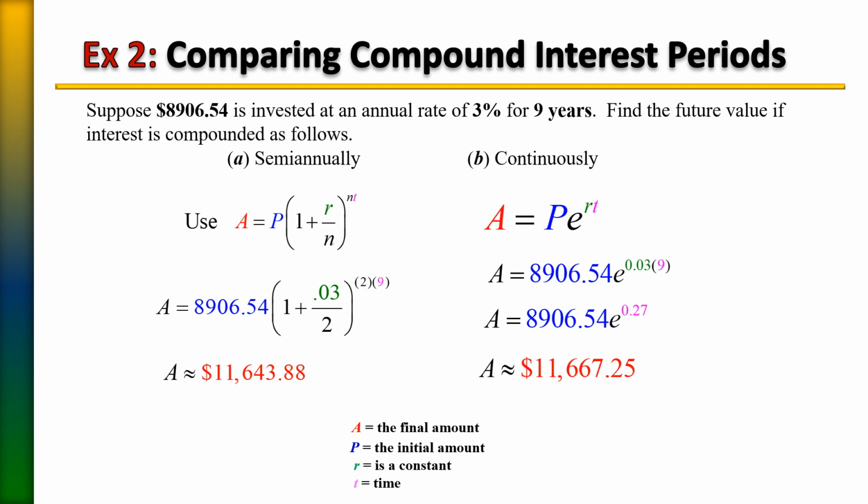The bottom line, look at those amounts. They are so very close to each other that there isn't a big difference in compounding semi-annually versus continuously for this amount.